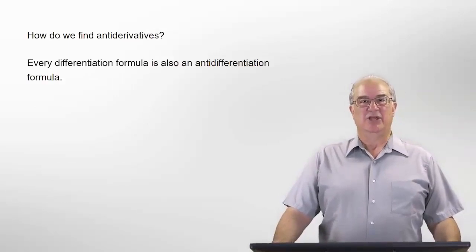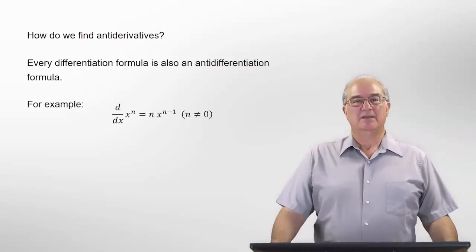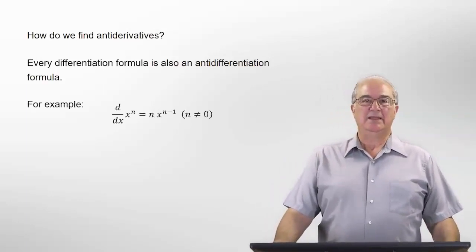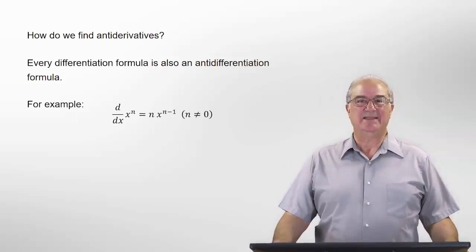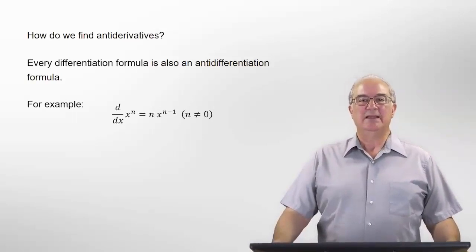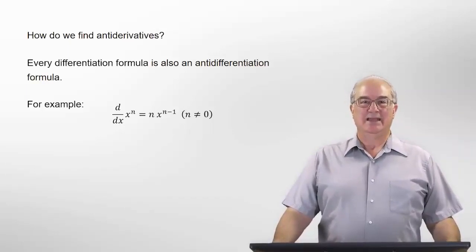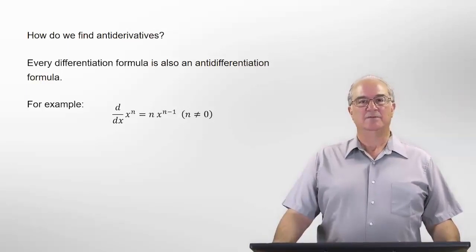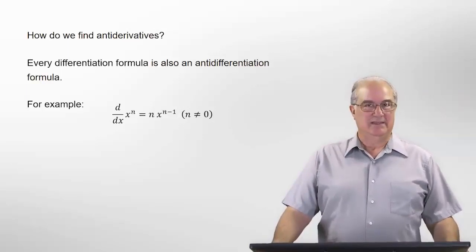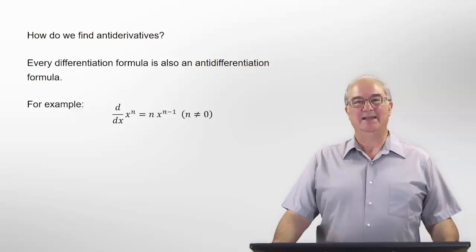an antidifferentiation formula. For example, if we take one of the most basic differentiation formulas, d by dx of x to the power n is equal to n times x to the power n minus 1 for every n different from 0. That's in everyone's memory bank.